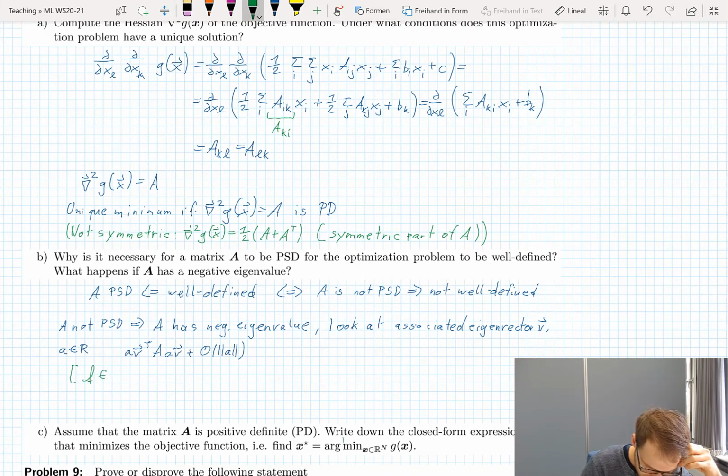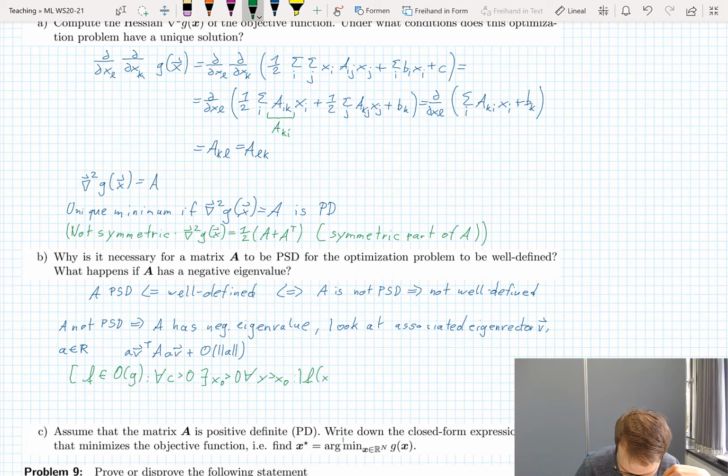So if a function f is in O of some other function g, that means that for all c greater than 0, there exists an x0 greater than 0, so that for all x greater than x0, it holds that the absolute value of f is smaller or equal than c times the absolute value of g.